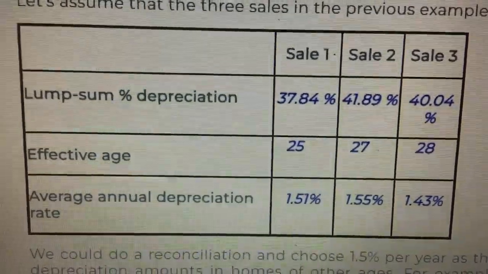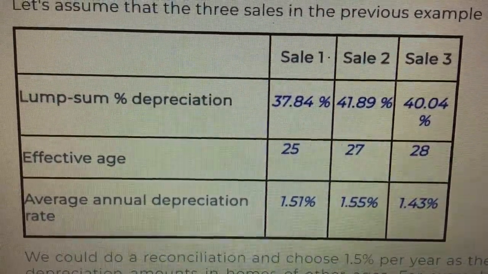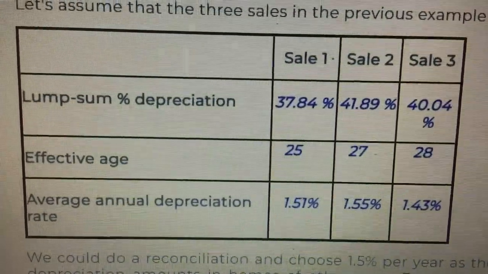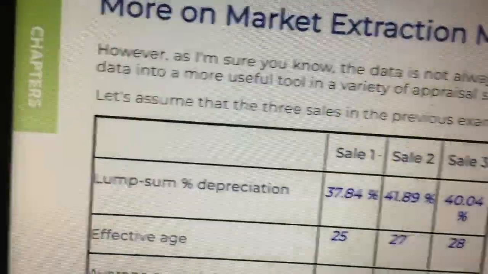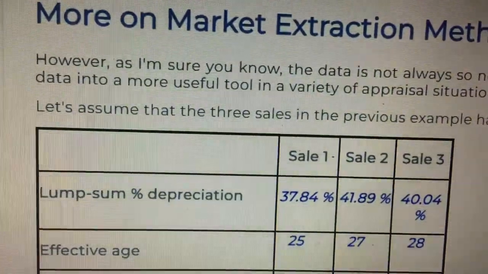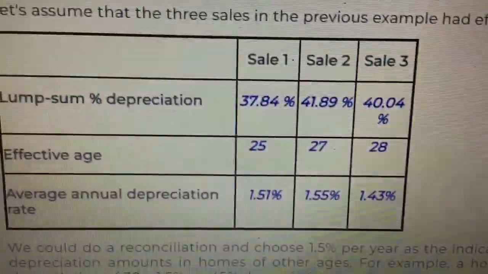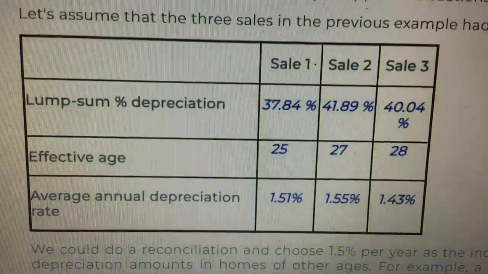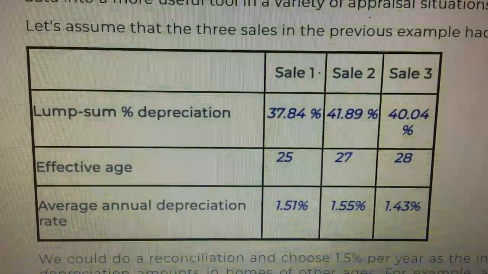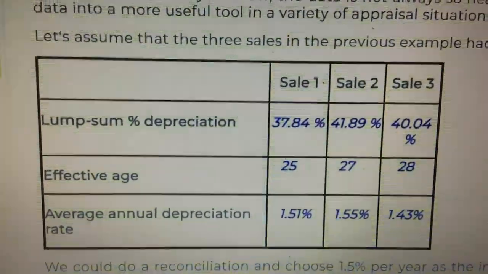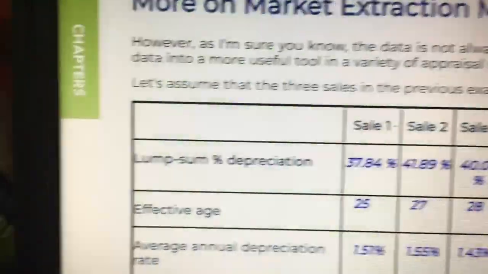On the last line of the grid is the average annual depreciation rate. For sale 1 it's 1.51%, for sale 2 it's 1.55%, and for sale 3 it's 1.43%.